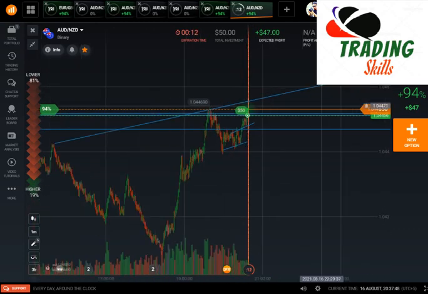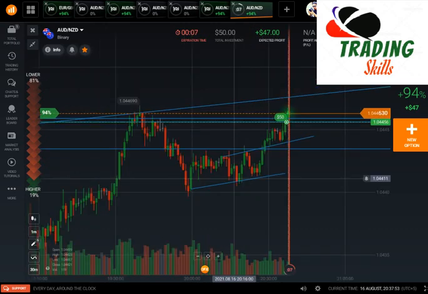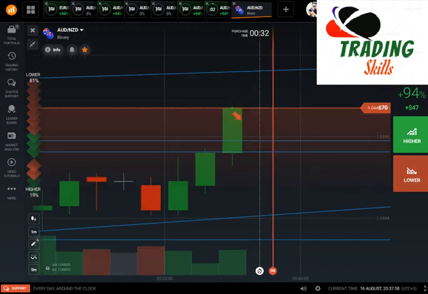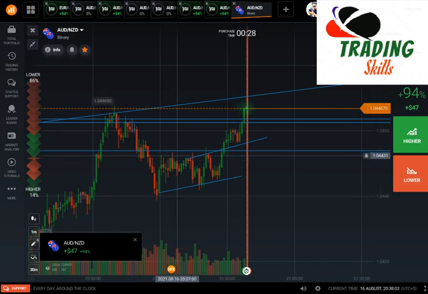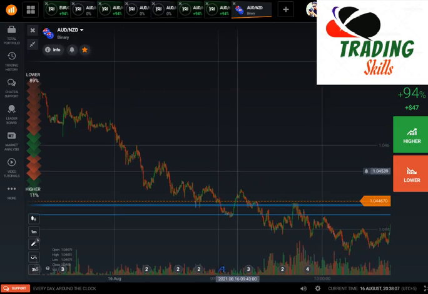Okay, so the next level will be here, so I need to wait. Okay, now you can see here the market went up, so I need to check the level here.